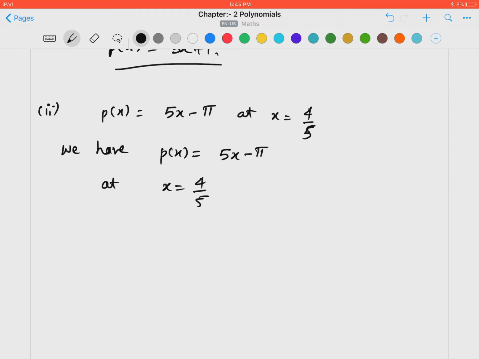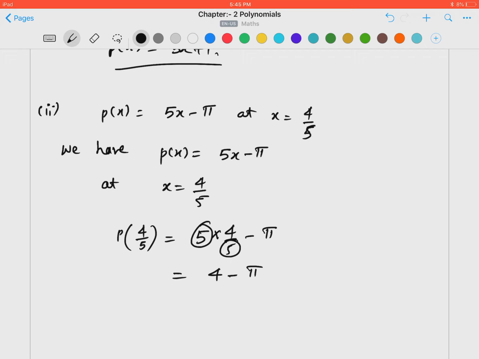Okay, so we'll replace all the x's in the given polynomial by 4 by 5. That is, we have 5 multiplied by 4 by 5 minus pi. So these 5's will be cancelled out, so we'll remain with 4 minus pi.